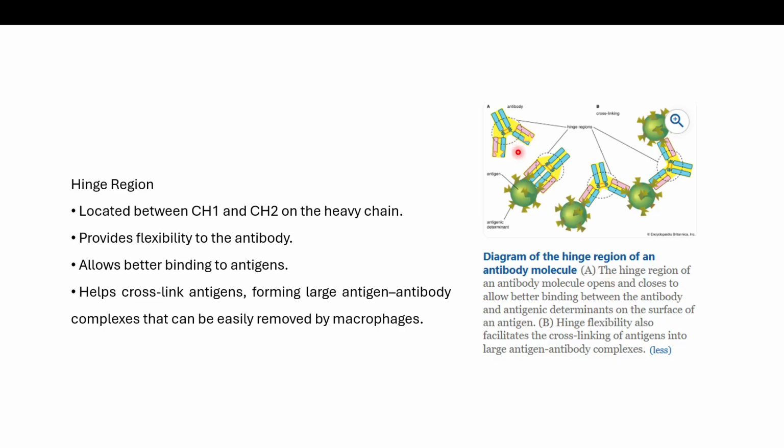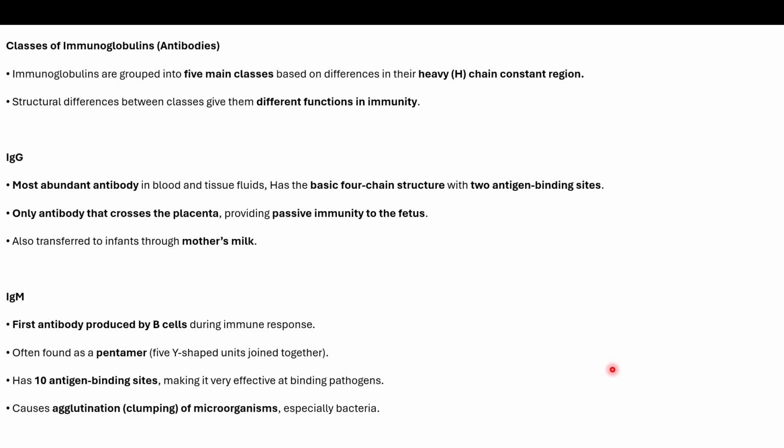If you look at this part, this is the hinge region, the dotted circle, of an antibody molecule. It opens up and closes to allow better binding between the antibody and antigenic determinants on the surface of an antigen. So this hinge flexibility also facilitates the cross-linking of antigens into large antigen-antibody complexes.